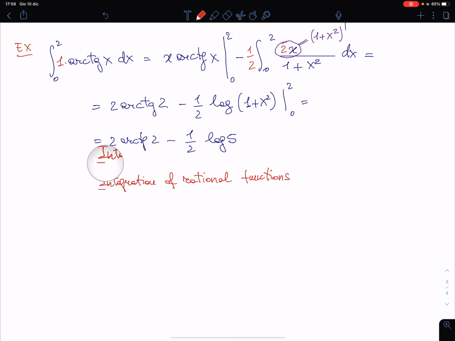So here you can just change variable, but this is not really necessary.